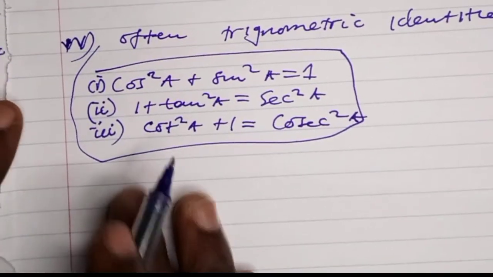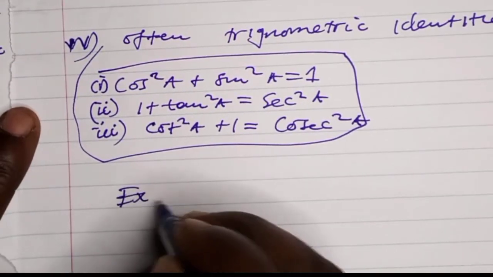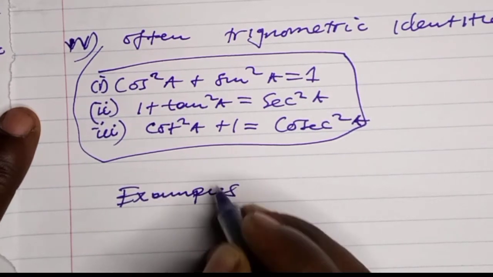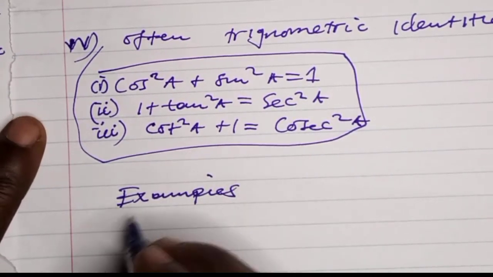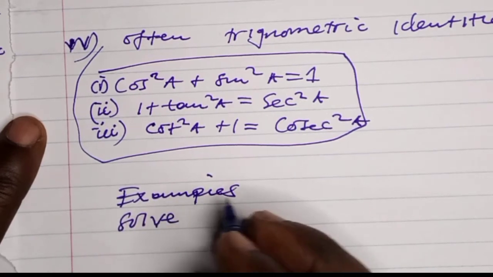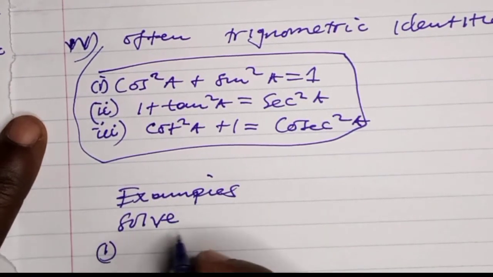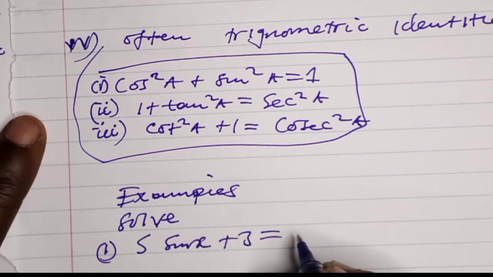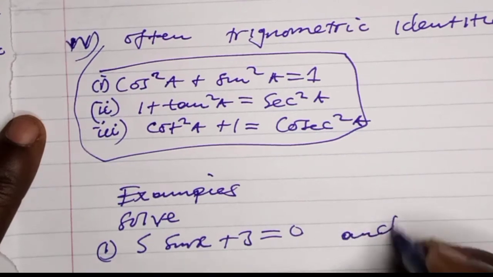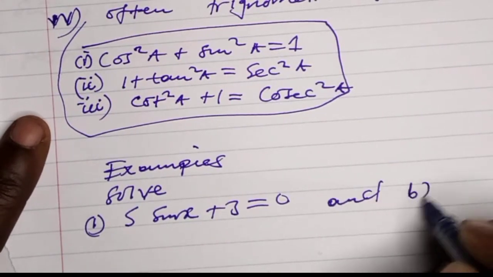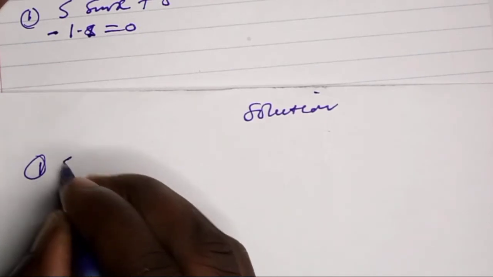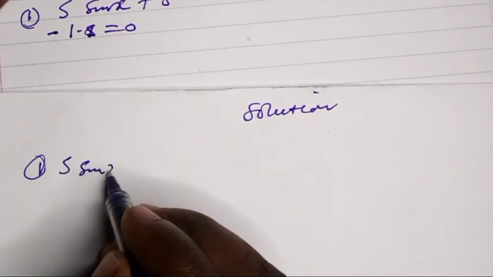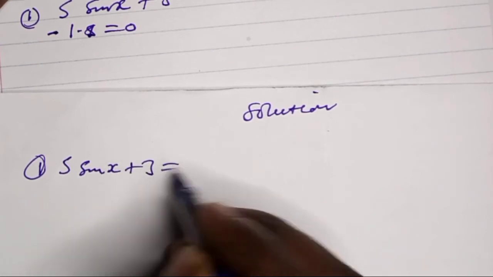So let's start with the examples. Example 1: solve 5 sine x plus 3 equals 0. So we have 5 sine x plus 3 equals 0.